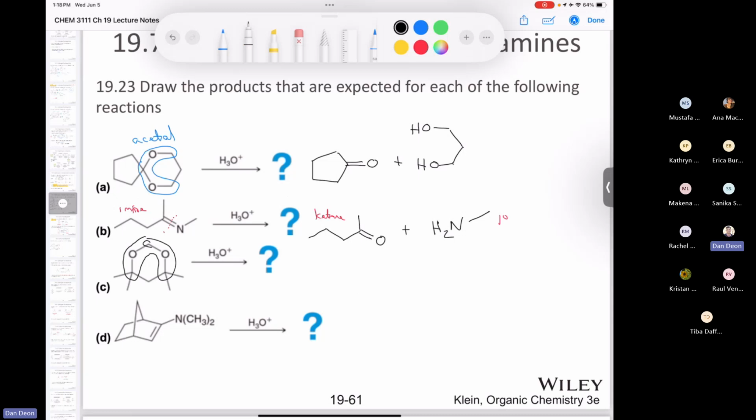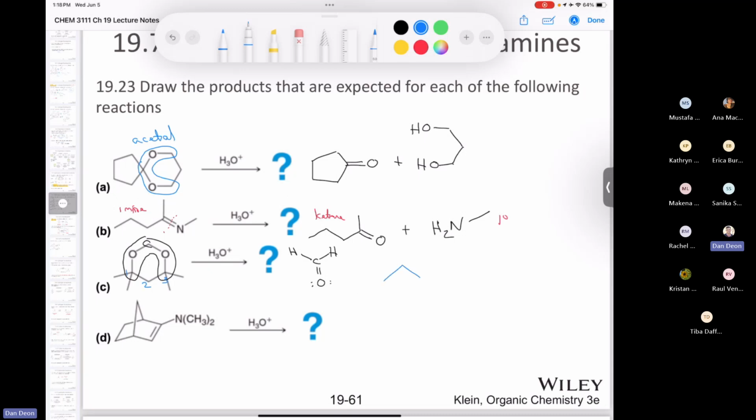So what is my carbonyl, my aldehyde or ketone, going to look like in this case? Well, that carbon that I have in black is going to be attached to two hydrogen atoms, and it's going to have a double bond to oxygen like that. That's the simplest possible aldehyde in the universe, formaldehyde. And then in this case, we're going to have a diol, which is going to have a total of 3 carbons in the chain.